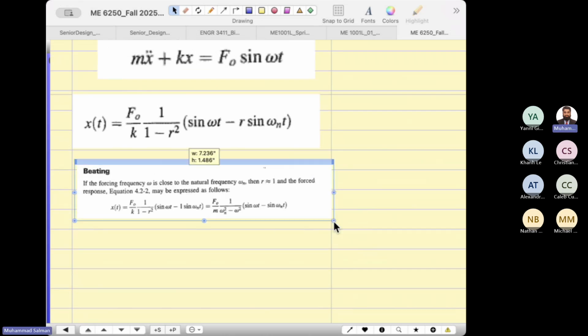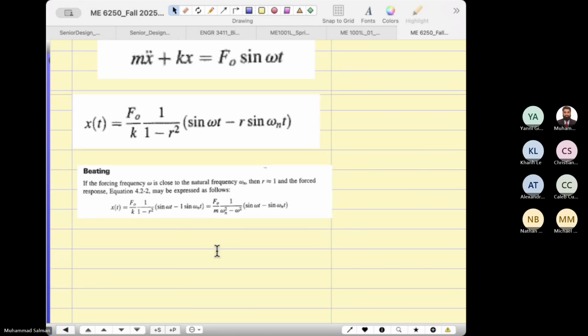If the forcing frequency is close to the natural frequency, and the forced response is this, we can rearrange everything and it looks like this.